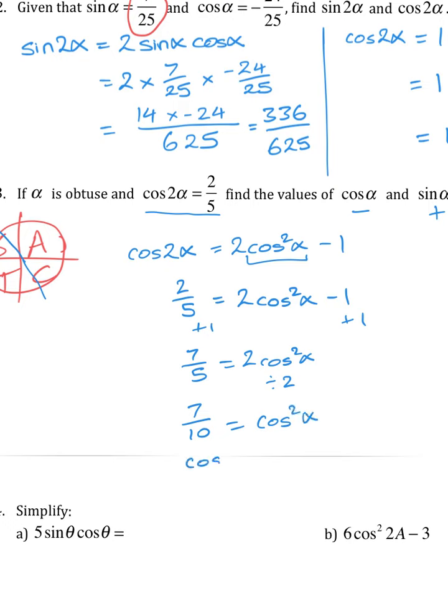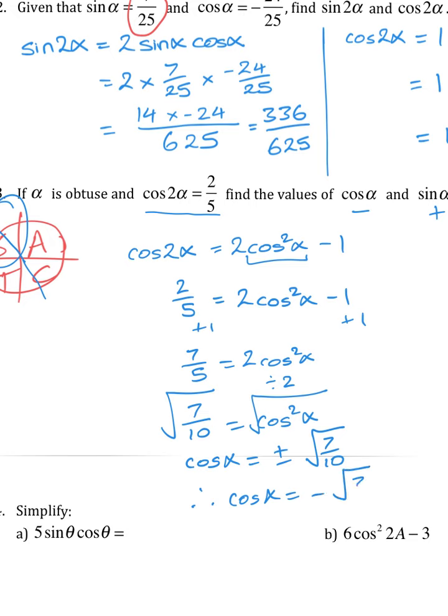And then cos alpha equals, now usually when we square root both sides, we get plus minus root 7 on 10. However, we already said that cos alpha is going to be negative because we're in the S quadrant. So therefore, cos alpha is negative root 7 on 10.